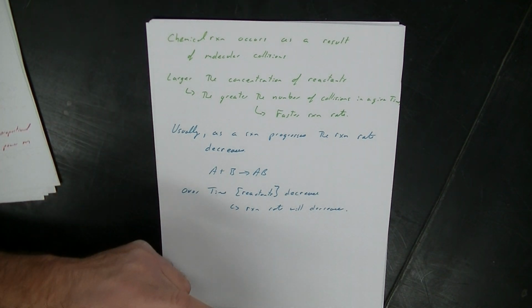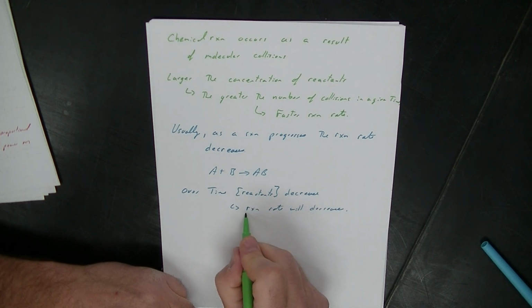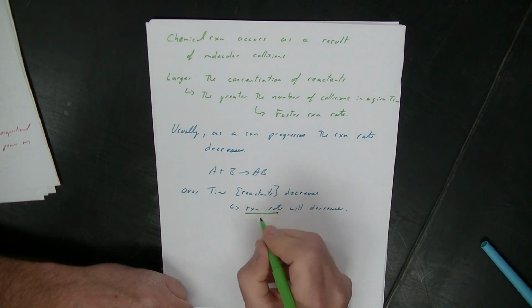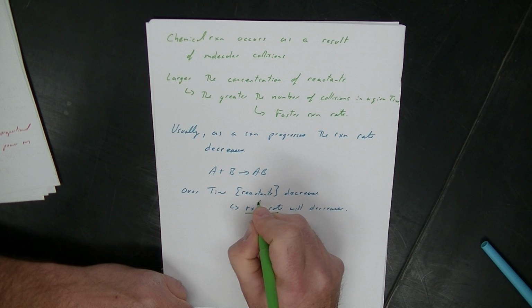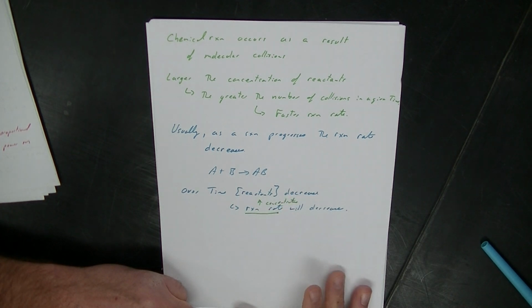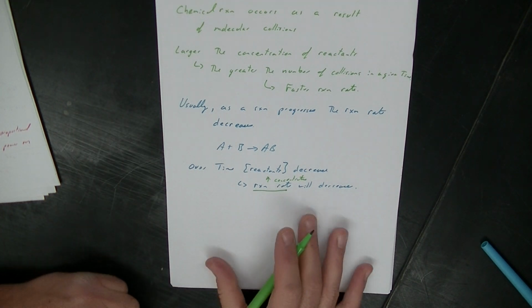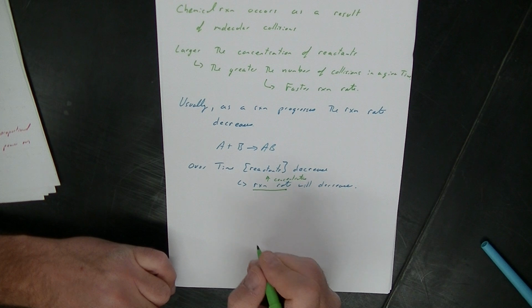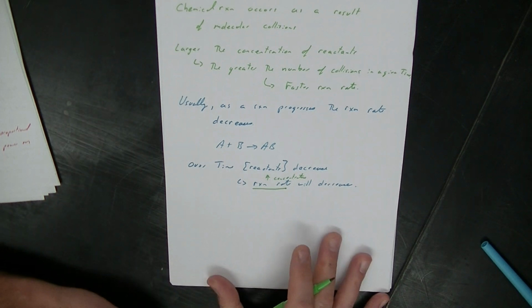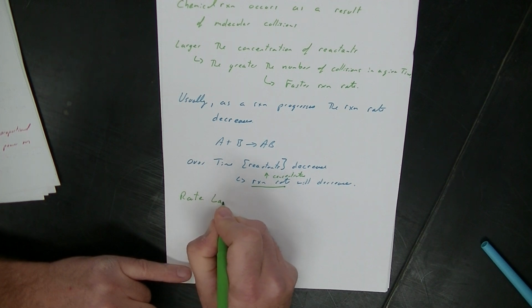So that means there's a relationship between reaction rate and concentration. Okay. And that brings us to what's called the rate law. And we'll start, and then I'll switch pages. That brings us to the rate law.